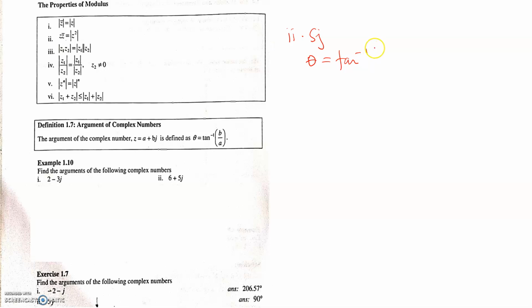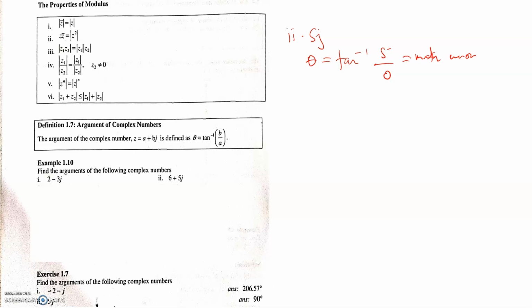So b is 5 over a is 0, and you should get a math error. But please don't freak out. It becomes a math error because in division you should not have 0 as a denominator.